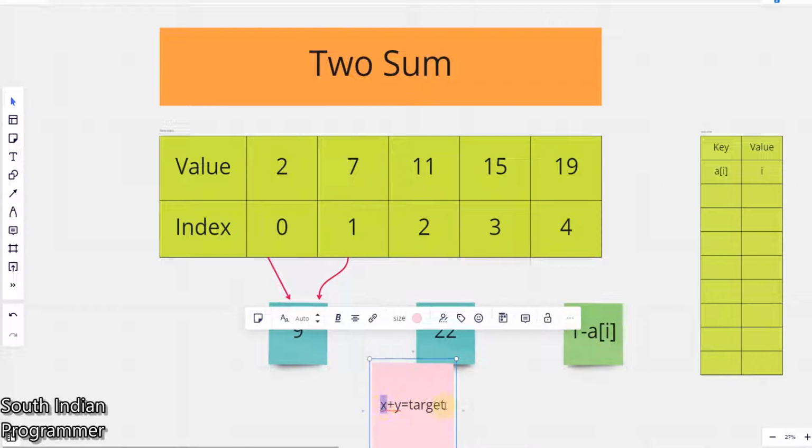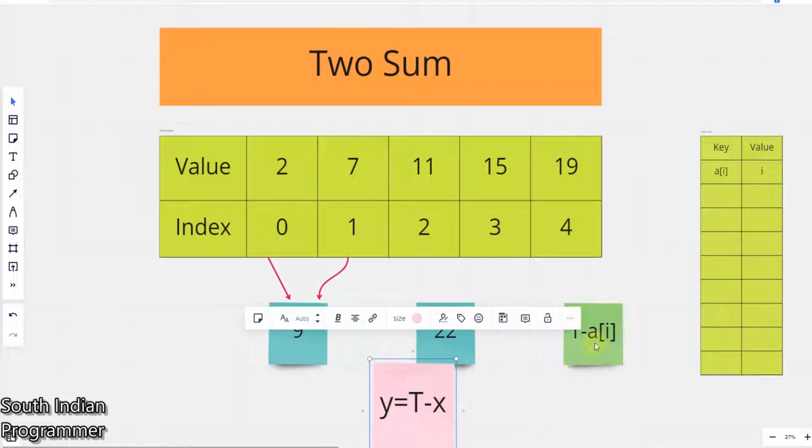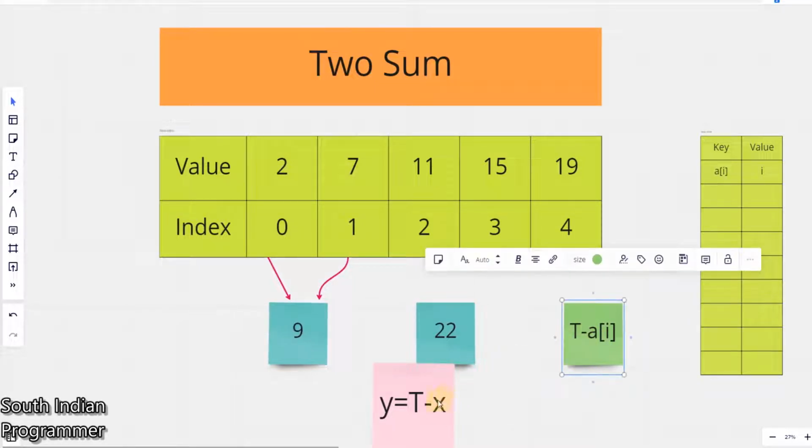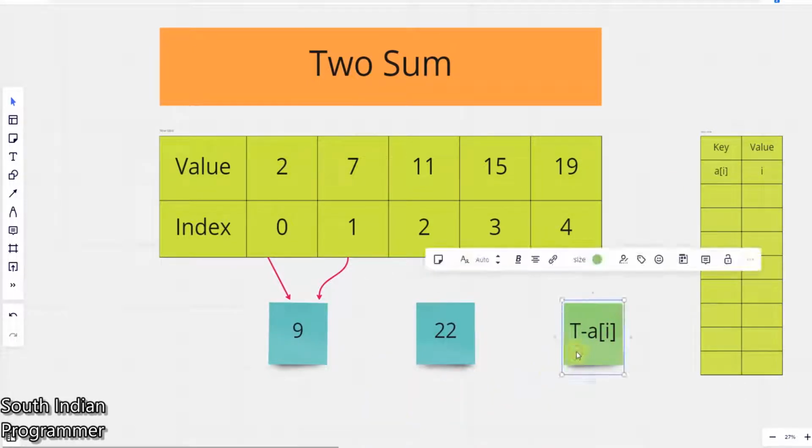So x goes to the other side as minus x. The formula translates like this: instead of target, I'm using the symbol T. In a computer representation, I have an iterative element, so I'm giving x as a of I. This is how I'm going to fill the key.